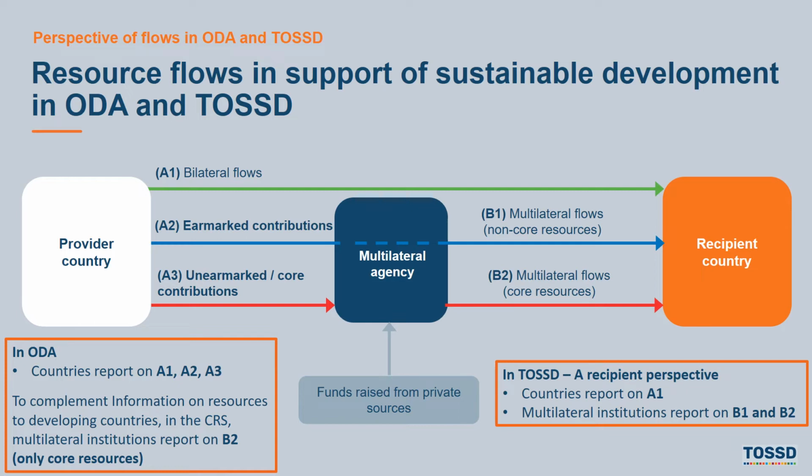However, given that TOSSD is primarily focused on the recipient perspective, countries report only on A1 in TOSSD, and multilateral institutions report both on B1 and B2. The reason is that multilateral institutions very often have a much better and more granular level of information when they report both B1 and B2.